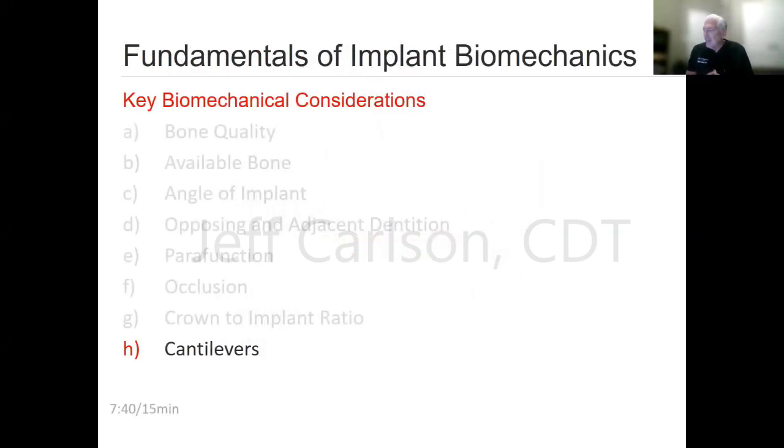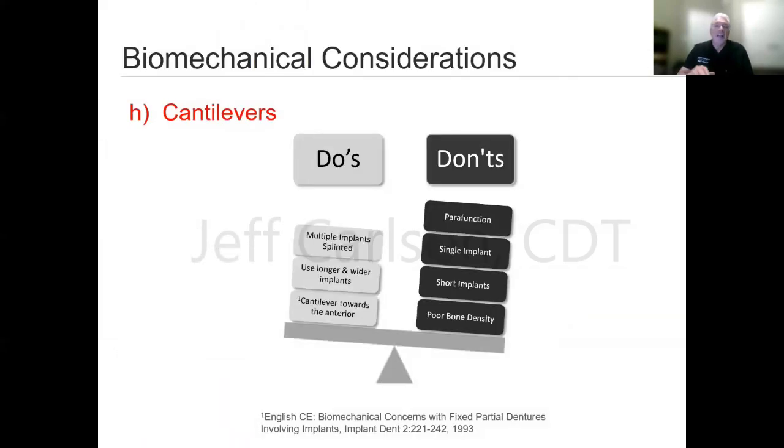We did touch a bit on cantilevers, and I just wanted to say that cantilevers are a magnifier of force. Just remember that. They're a magnifier of force. So whenever you're going to incorporate a cantilever, ask yourself what's going to result from this cantilever. Did you follow the guidelines of AP spread? Again, don't automatically go there if you don't need it.